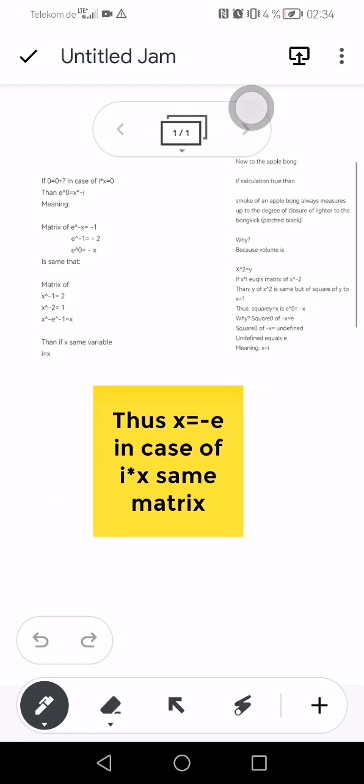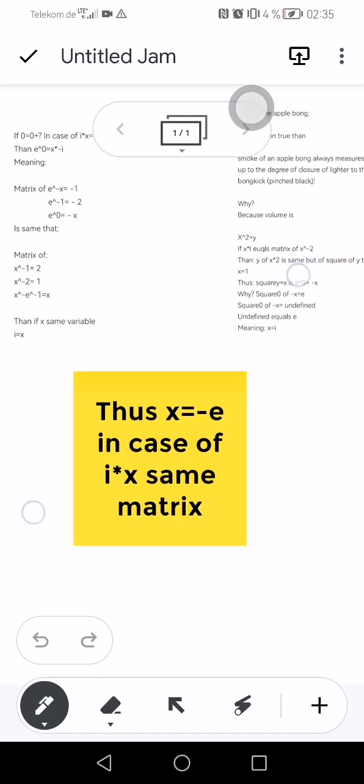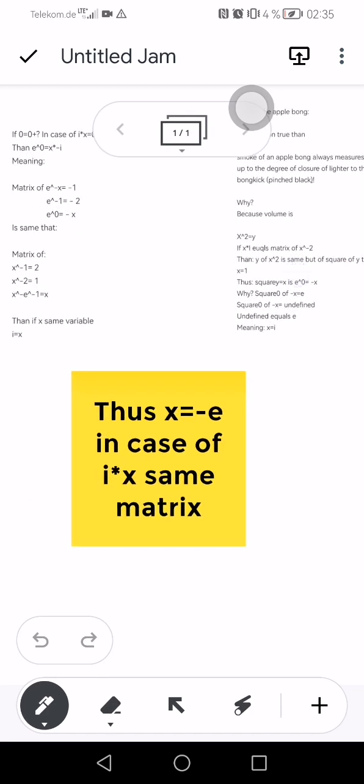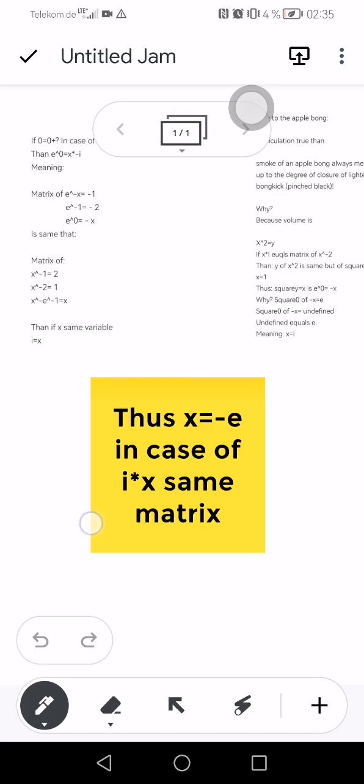And if that is true, then e square 0 equals minus x is undefined. Meaning e is then undefined and not defined anymore, therefore takes irrational qualities of variable if not summarized. And summarized then in variable definition, of course, but irrational.